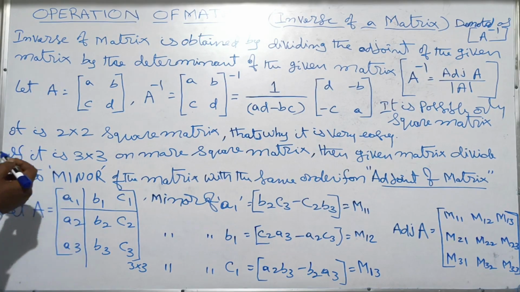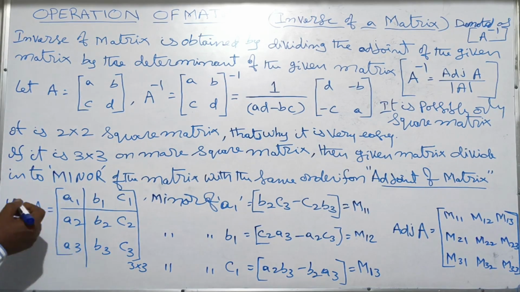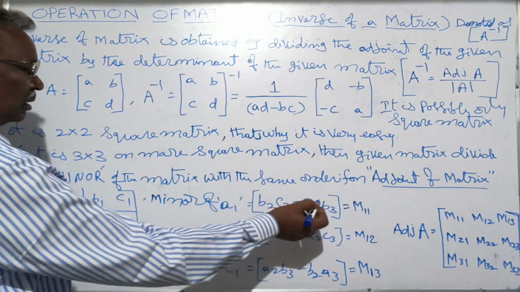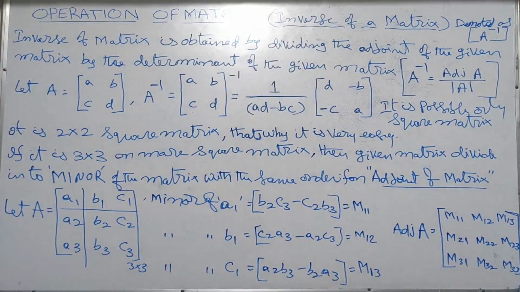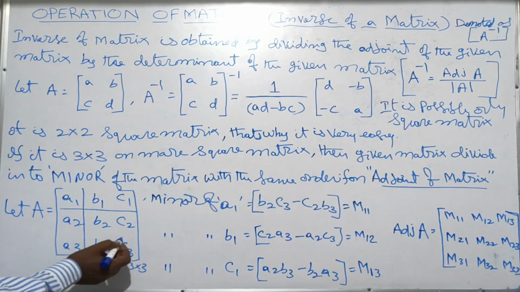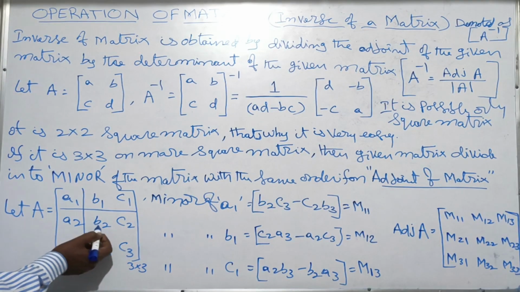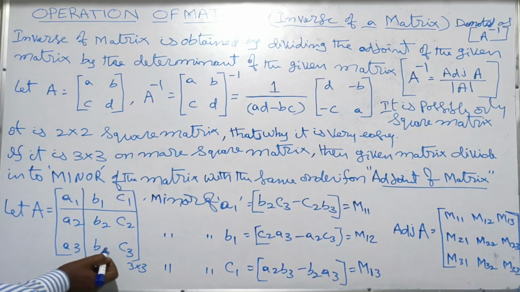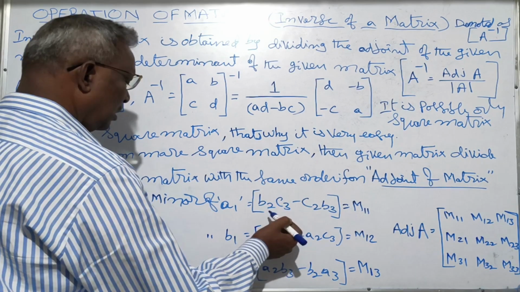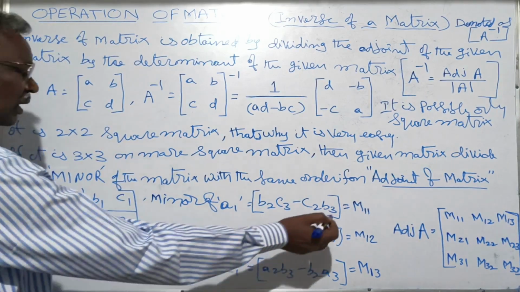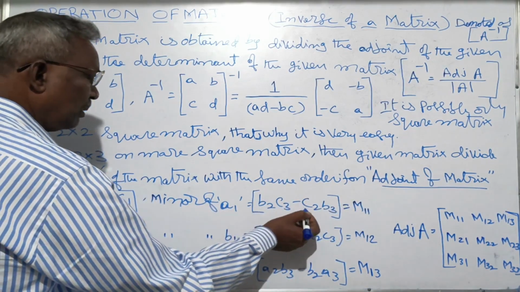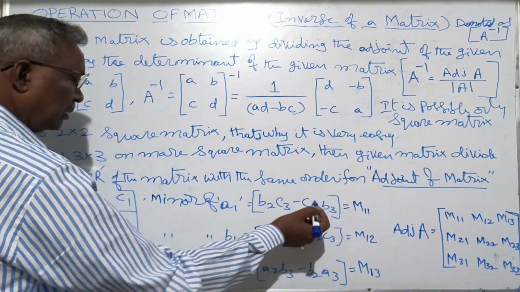Element A1 is in the first row, first column. Minor of A1 is equal to M11. Its determinant is B2, C3 minus C2, B3. Therefore, M11 is equal to B2, C3 minus C2, B3.